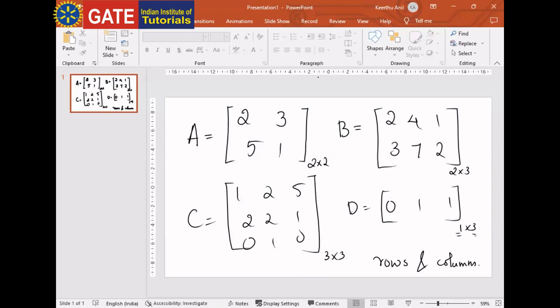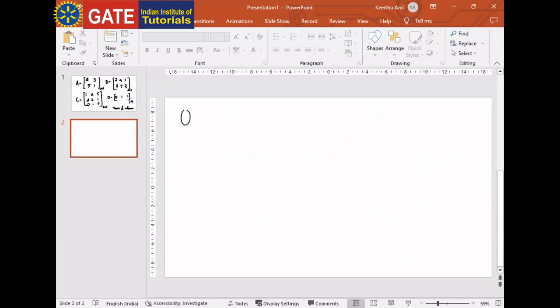Now after that you can write the next heading as order of a matrix. Okay, you can write below.